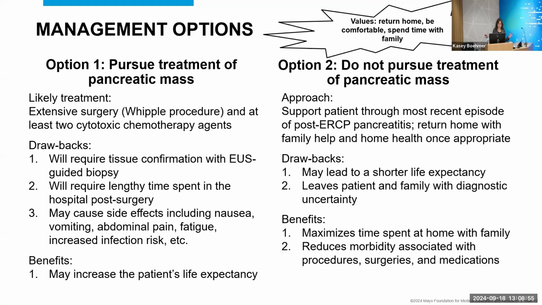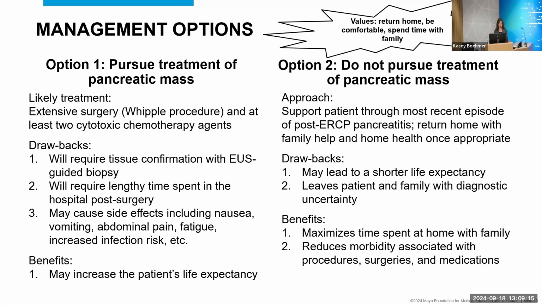So with these two options, we laid out the benefits and the risks of both options. For pursuing treatment, the main drawbacks that we could see were that it would require another EUS guided biopsy that we had seen cause the patient a significant amount of pain and side effects in the past.